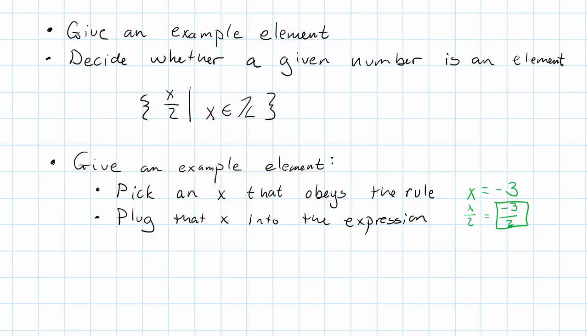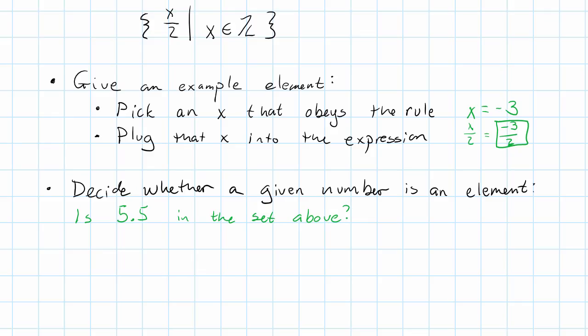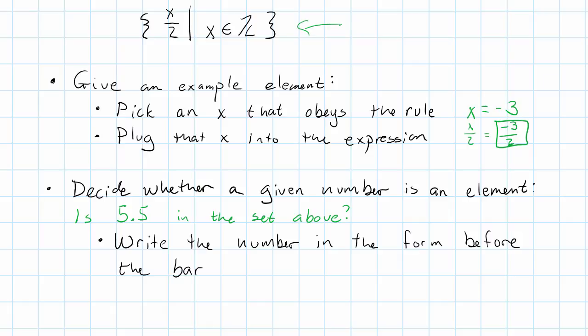Okay, to decide whether a given number is an element of the set, say we want to decide whether 5.5 is in this set. First, we write our number in the form before the bar. So in this case, we want to write x over 2 equals 5.5.